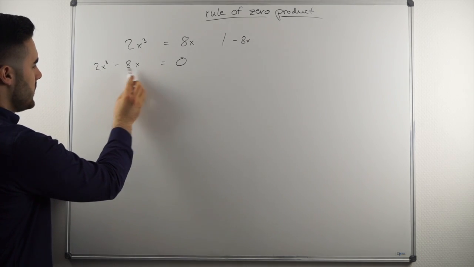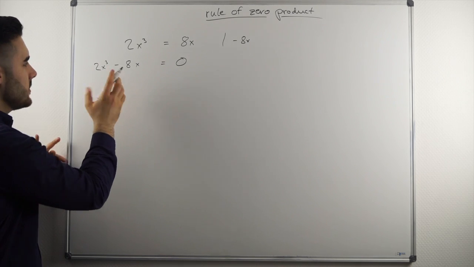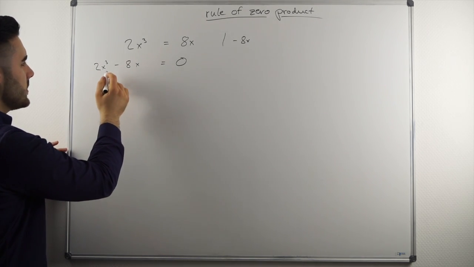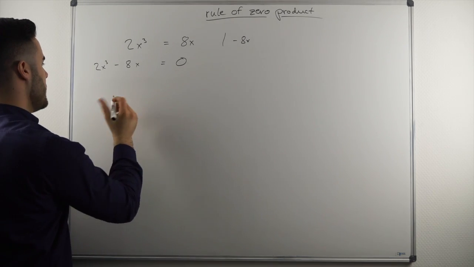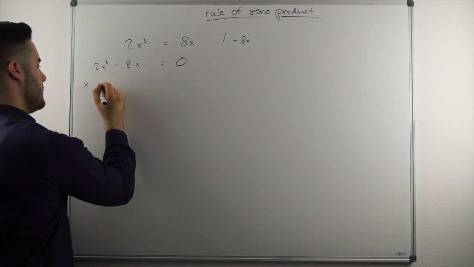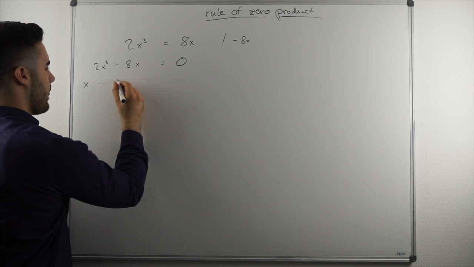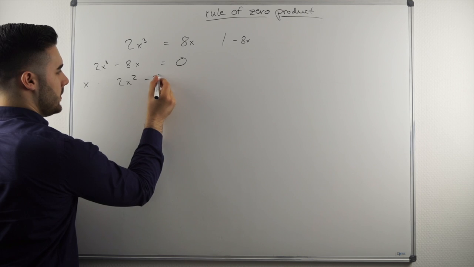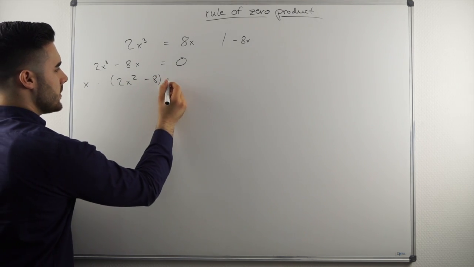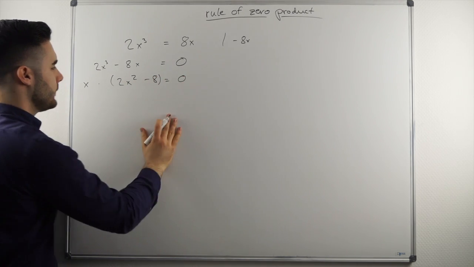We have an x here and we have 3 x's here, so we have 2 times x times x times x. And we will rewrite this now as x times (2x squared minus 8), we put that into brackets, equal 0.